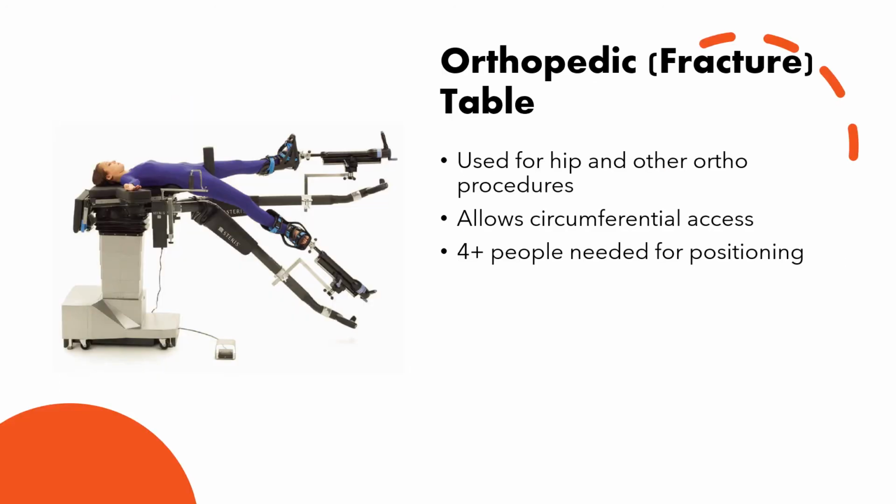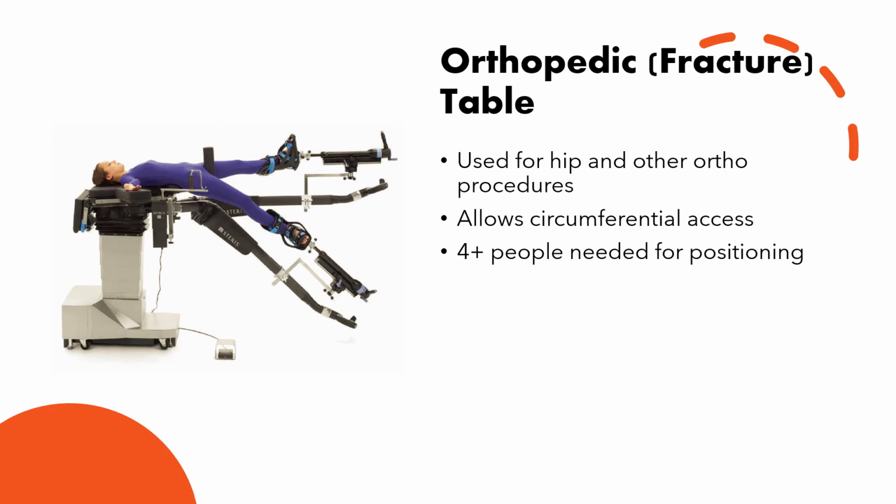All right, the orthopedic table. You might also hear it referred to as the fracture table. It has like 3 million different components and attachments, and a lot of assembly is required. It's a specialty table. If the facility has enough ORs, there may be an OR that is just dedicated to this fracture table.